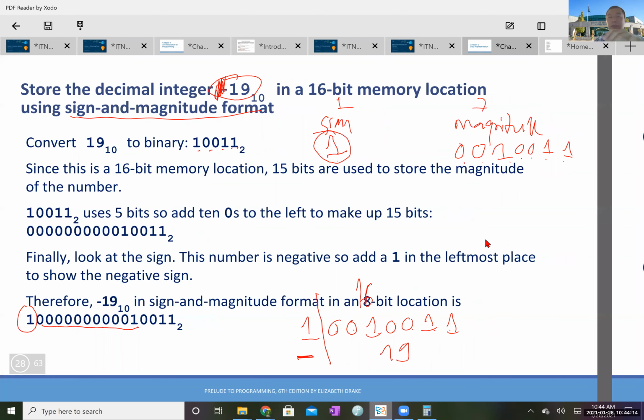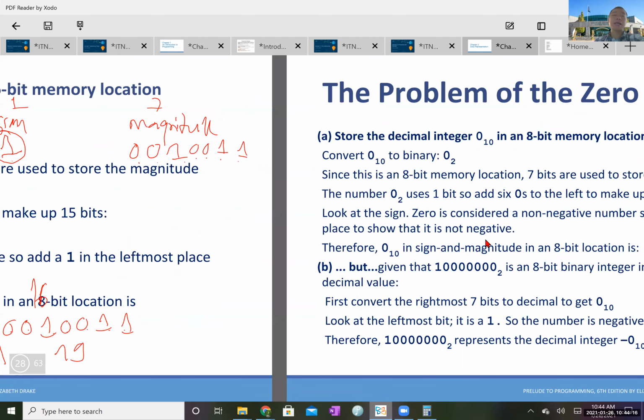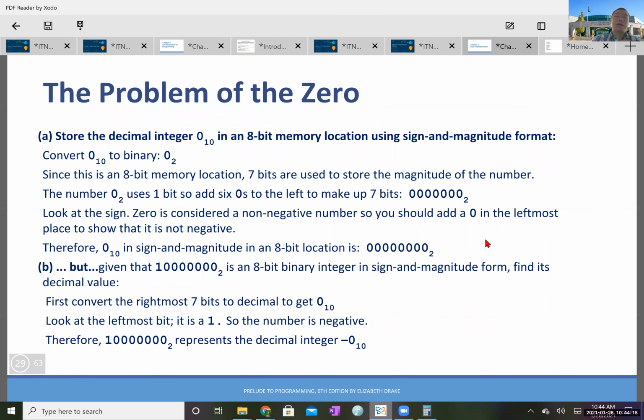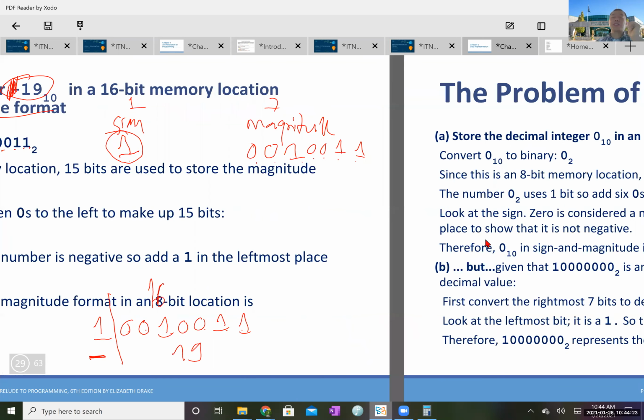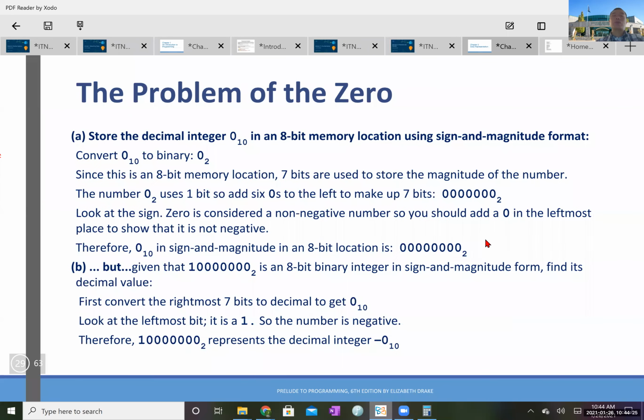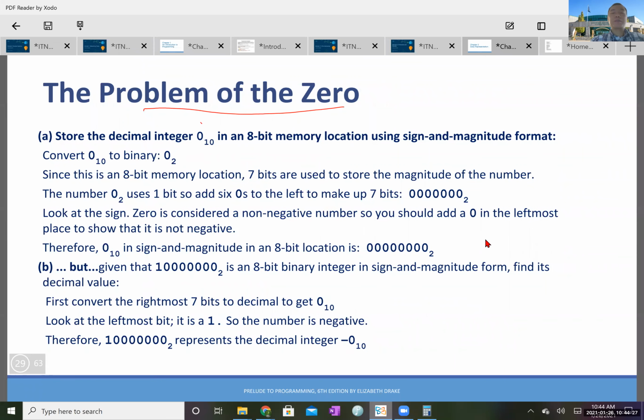But you have the huge problem with the sign magnitude here. That is the problem of the zero. So now think about if you want to store the decimal zero, the positive zero, in the 8-bit format.